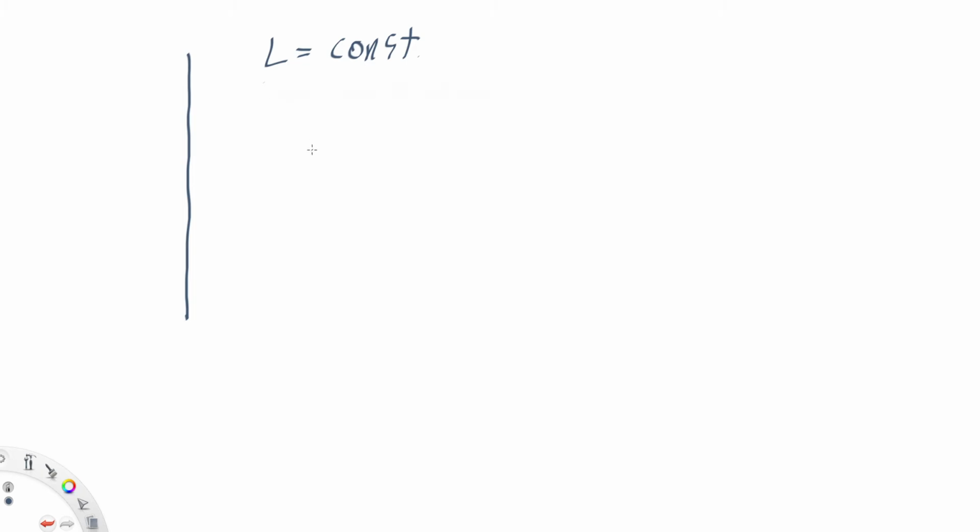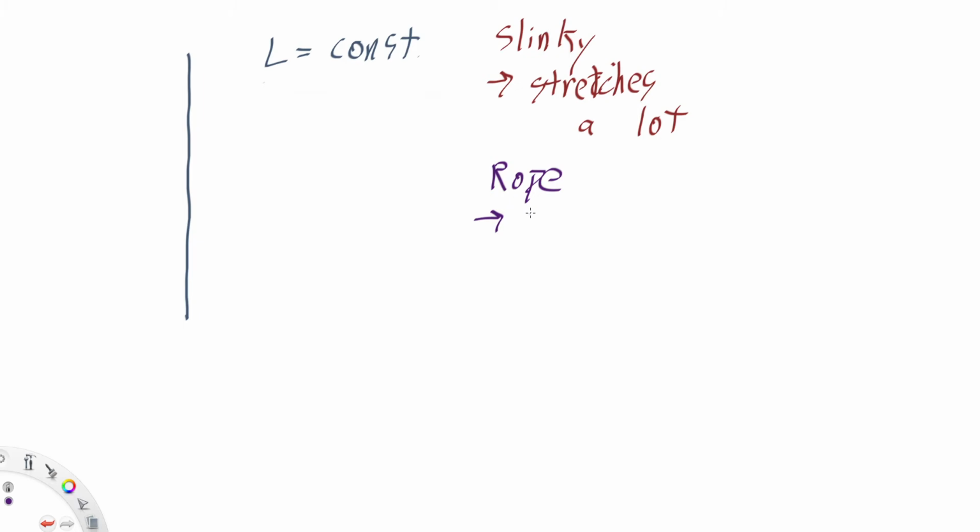If instead of a rope we had a slinky, we imagine that if we pull on it, it stretches a lot. If we have a rope, we pull on it, it stretches a little.